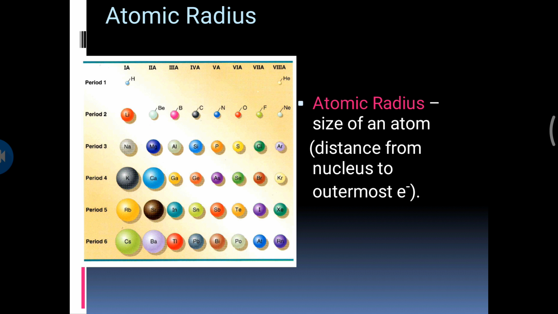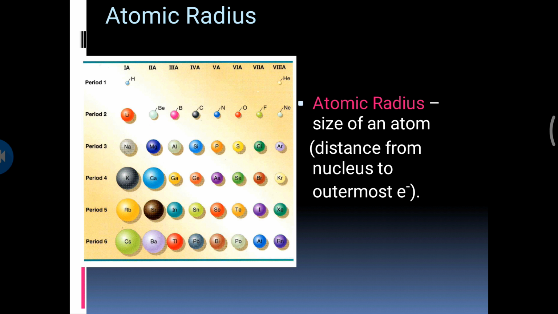Similarly in group 2A, beryllium, magnesium, calcium, strontium and barium, the atomic size or atomic radius increases from top to bottom. In the first period we have hydrogen and helium.